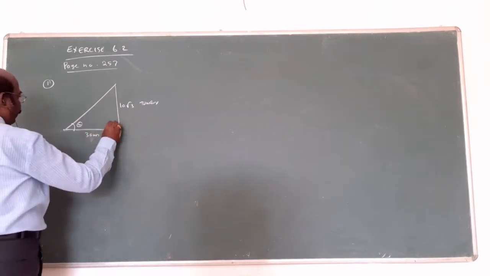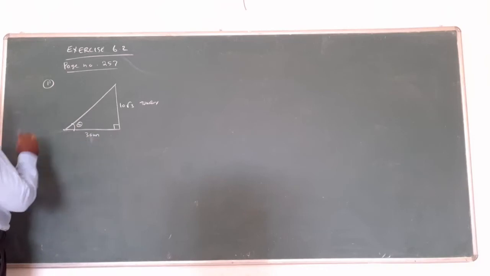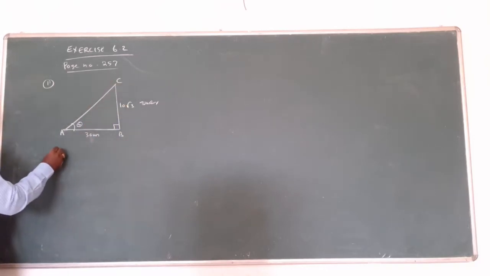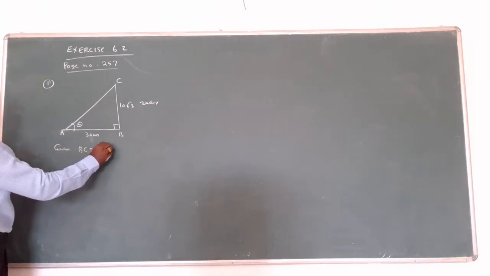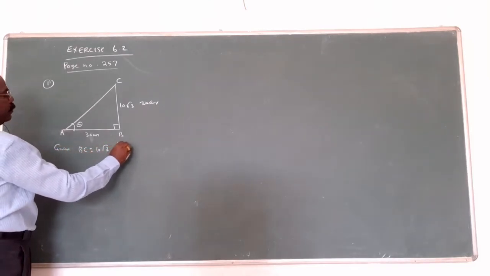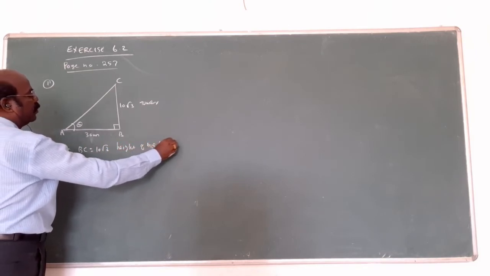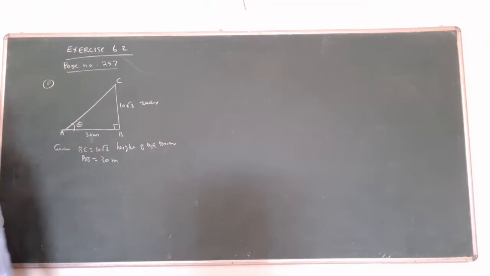This is 90 degrees, this is the opposite side, and C. As usual, A, B, C. Given BC equals 10√3, this is the height of the tower. And AB equals what? 30 meters. That's all.